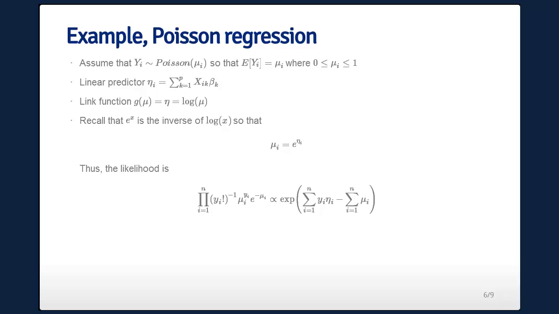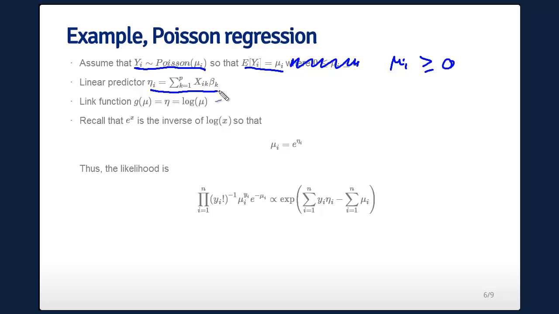Let's do a Poisson example. So now our y's are Poisson mu i, so the expected value of y is mu i. Mu i has to be greater than or equal to 0 in the Poisson case, but it's unbounded on the upper side.